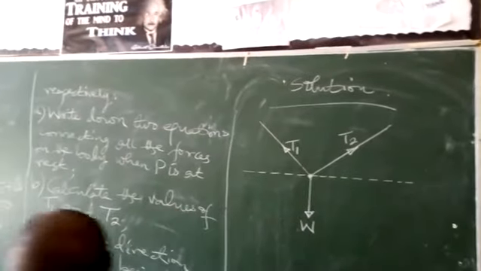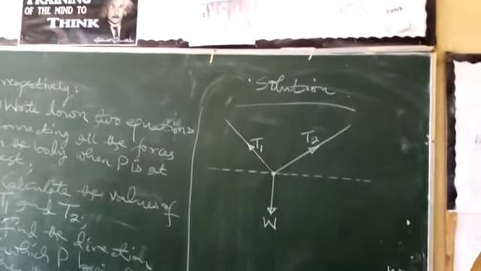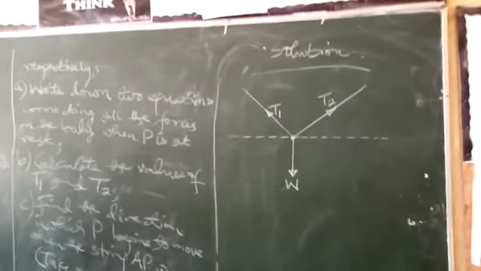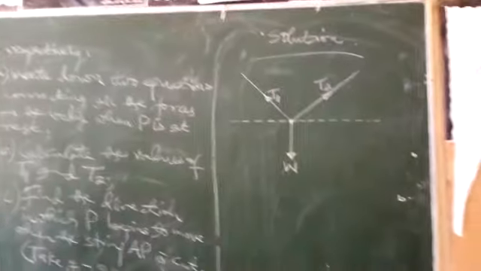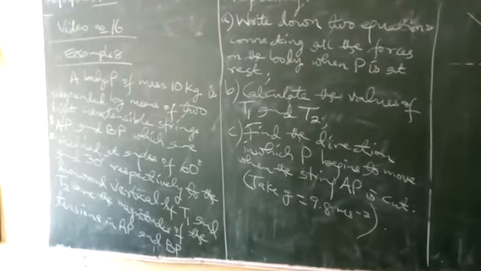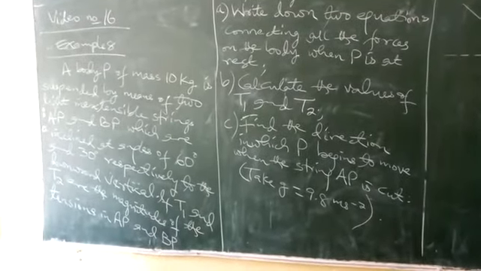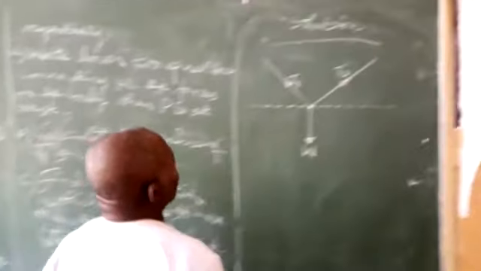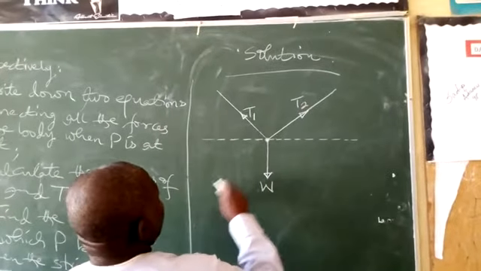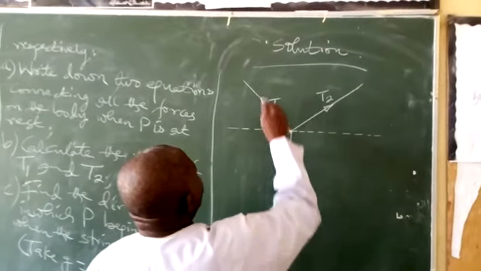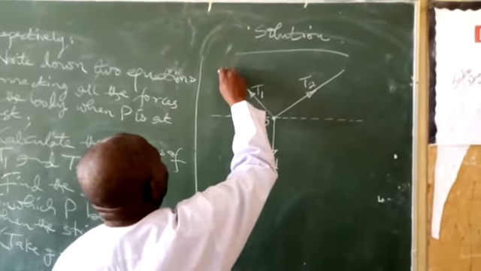The question says the strings AP and BP are inclined at angles of 60 degrees and 30 degrees respectively to the downward vertical. If T1 and T2 are the magnitudes of the tensions in AP and BP respectively, A is somewhere here.